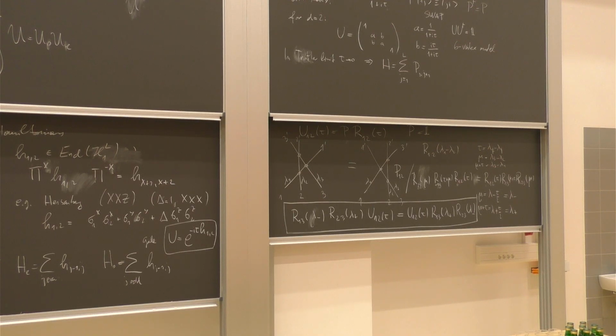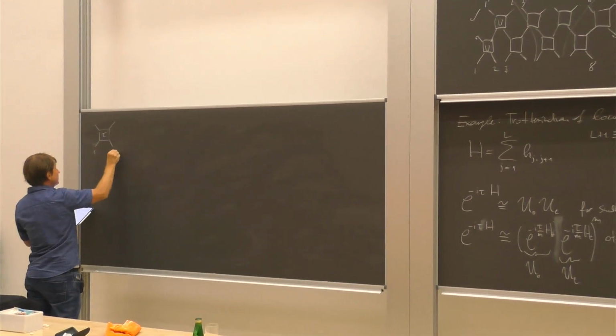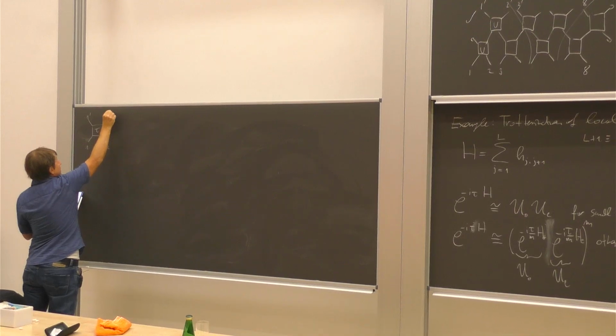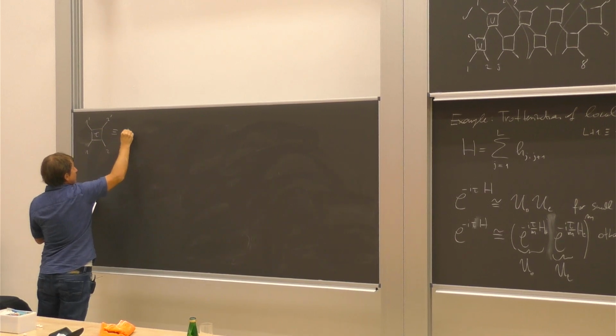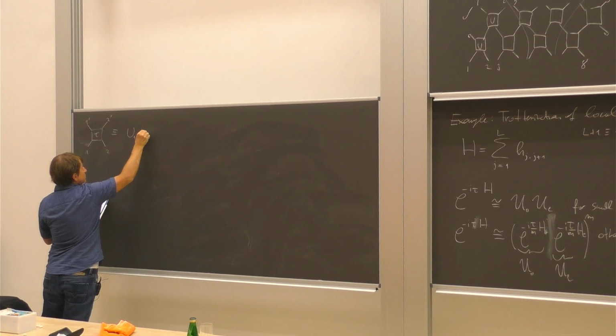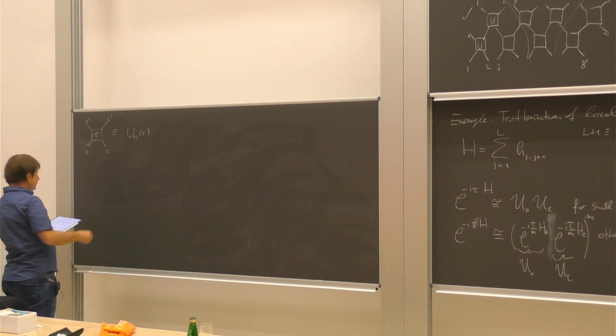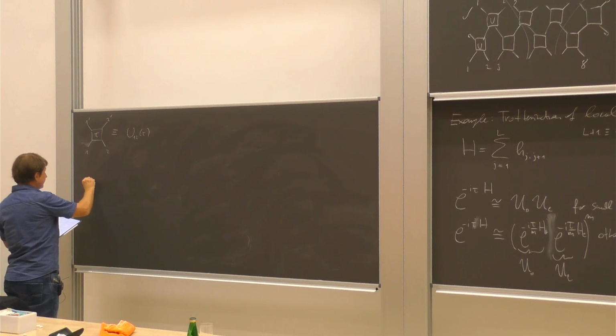Let me write diagrams, which will be useful. Again, for this little square, in which I put tau inside, what I mean is just a gate, as usual. And then the R matrix, or the other matrix, which I will call an R matrix.